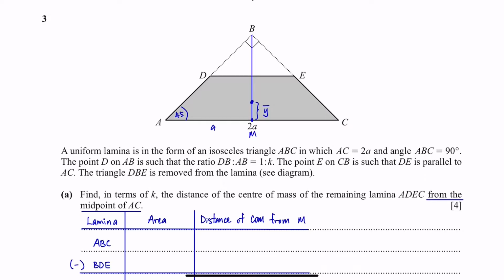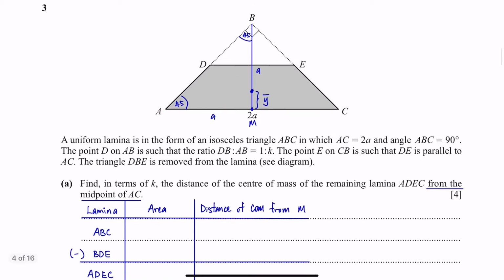And this is also a right angle triangle and also an isosceles triangle. That means BM is equals to AM. So this would also be a.